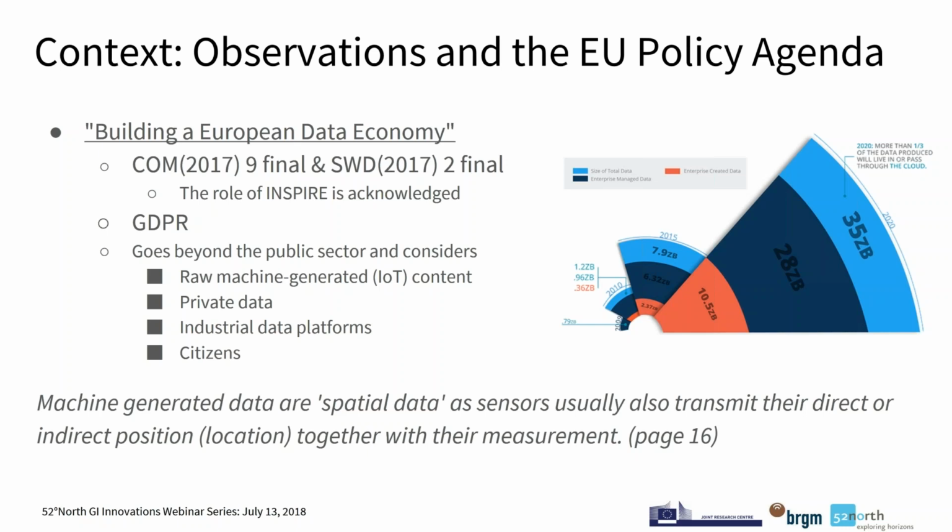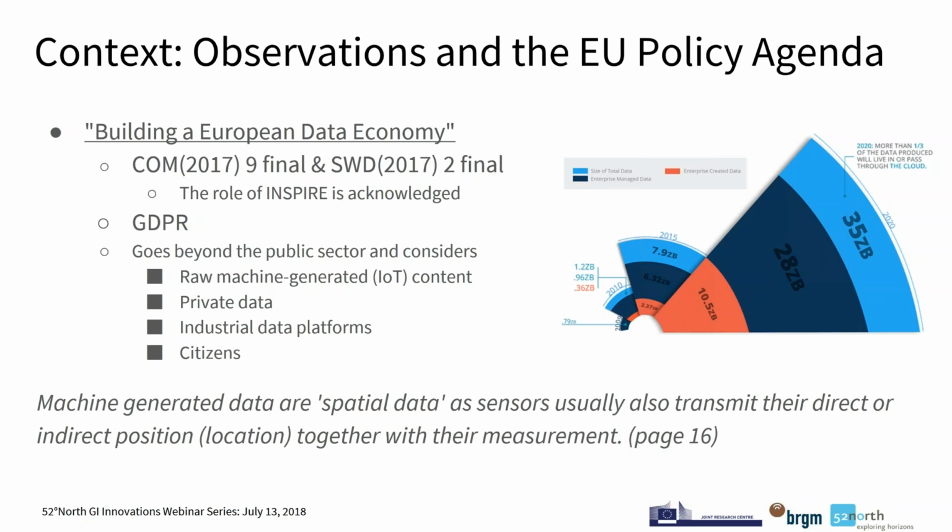those documents actually talk about observation data. So we see on the slides, it's about raw machine generated, so Internet of Things content. It's about data from industrial platforms and data from citizens.